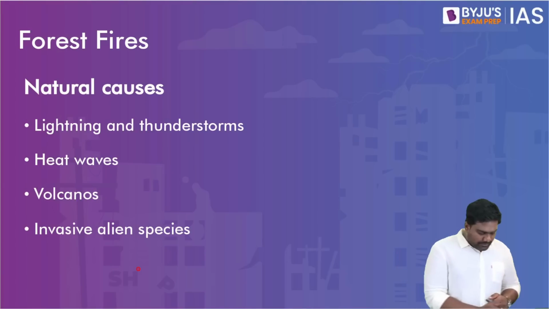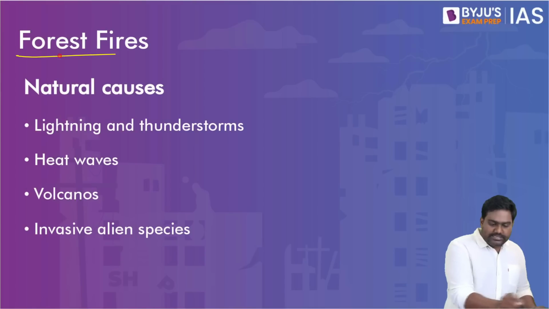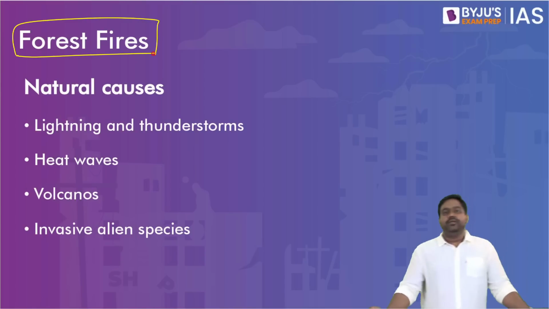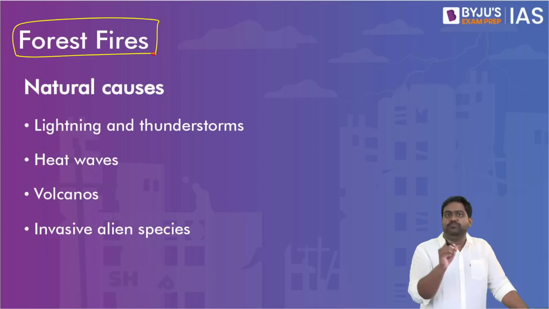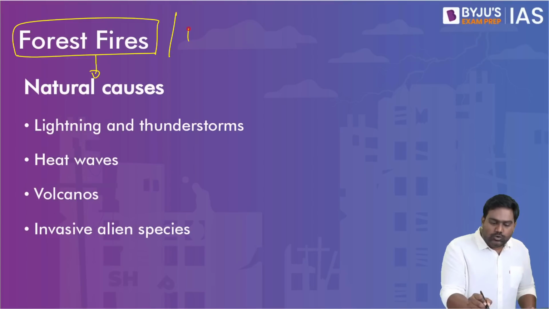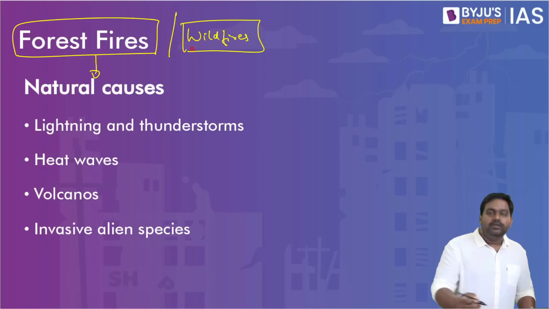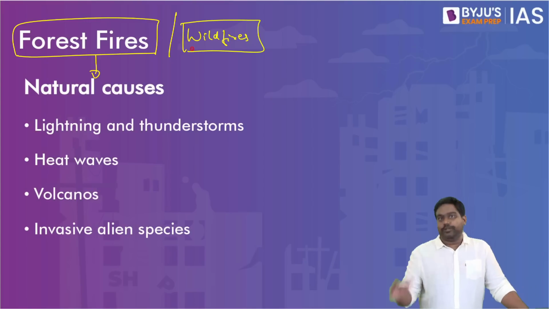Now, let's move on to the next hazard, that is forest fires. Very small topic. We'll cover this quickly and I'll also give you some points about lightning. Forest fires are also known as wildfires. These are massive fires that spread wildly in the forests.